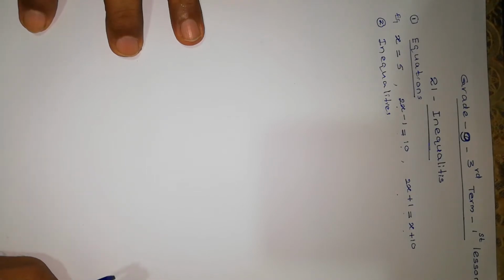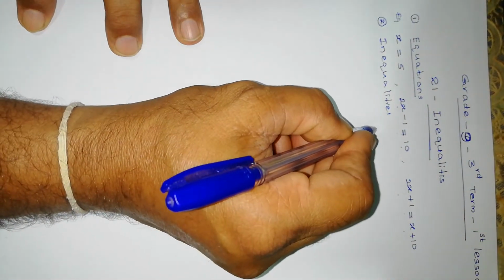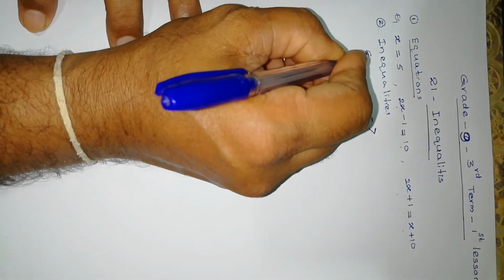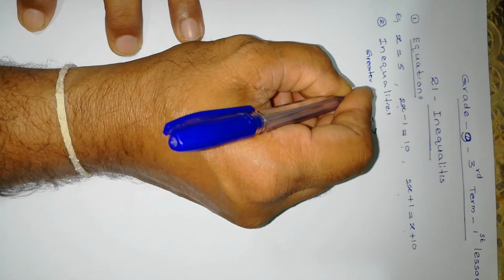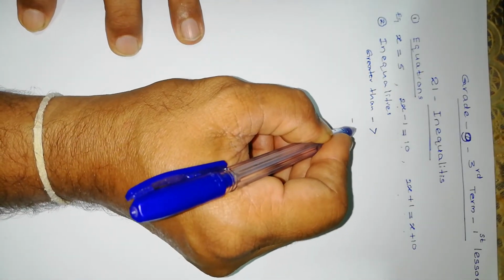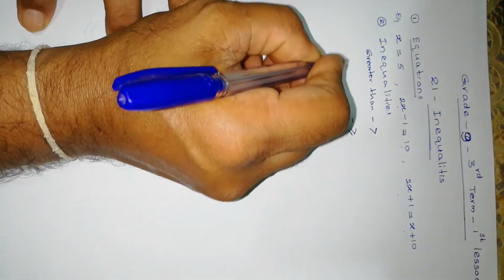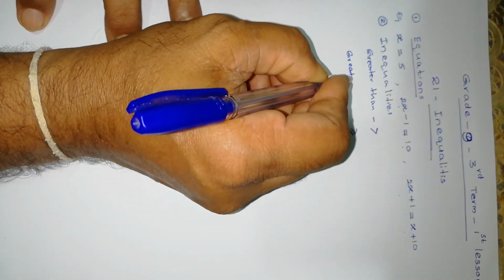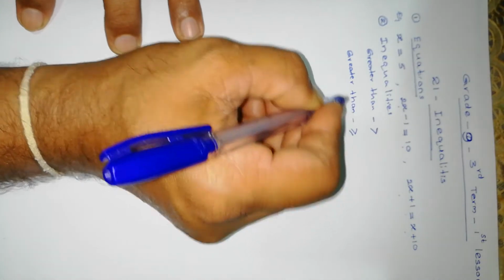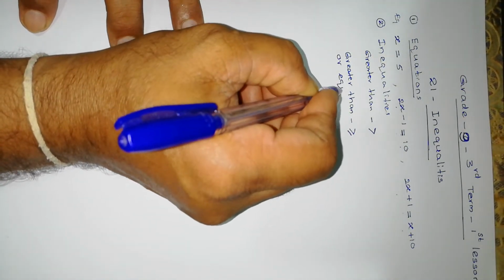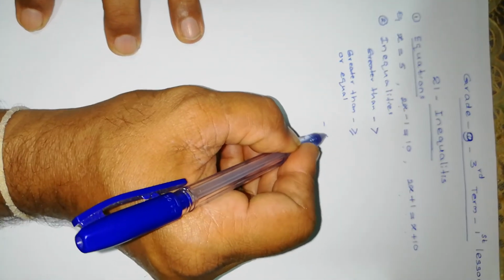Joining two terms, or a term and an expression, or two expressions as above using the following symbols, we can form inequalities. This symbol is called greater than. This one is read as greater than or equal. Another sign, this one, less than.